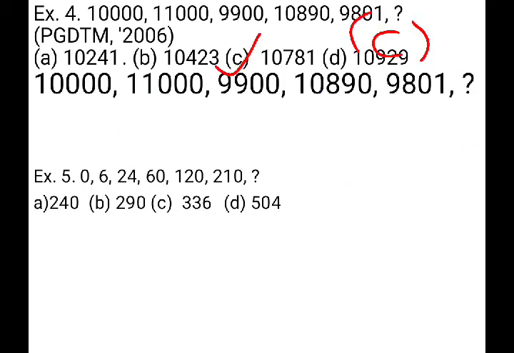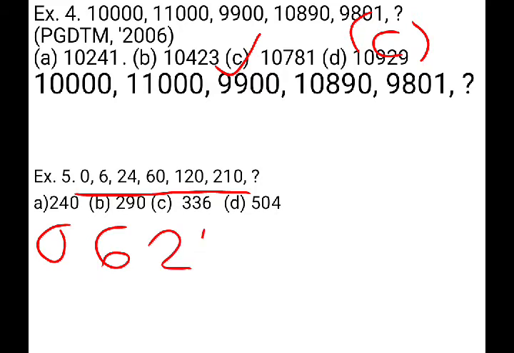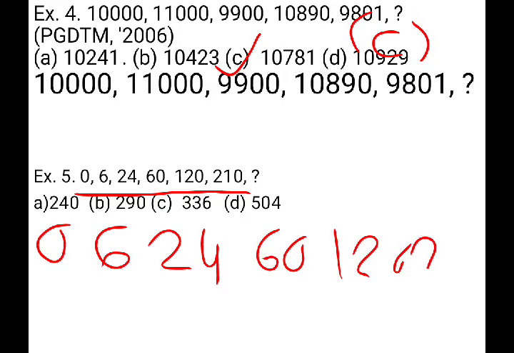Now example 5: 0, 6, 24, 60, 120, 210. This is the series given, and you should find the next number.